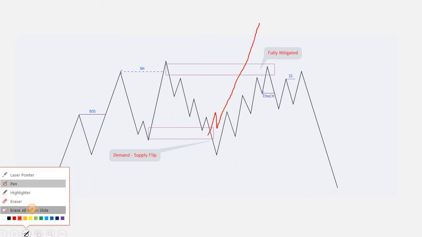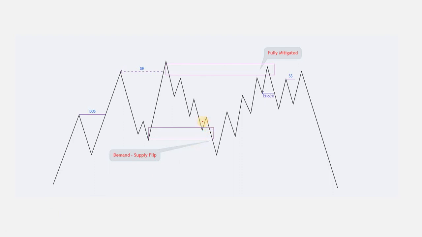Another side of it is to see whether this demand zone is going to hold or not, and eventually, as shown in the schematic, the zone failed. And what has happened? We have a demand to supply flip. It means that this supply has now overpowered this demand.